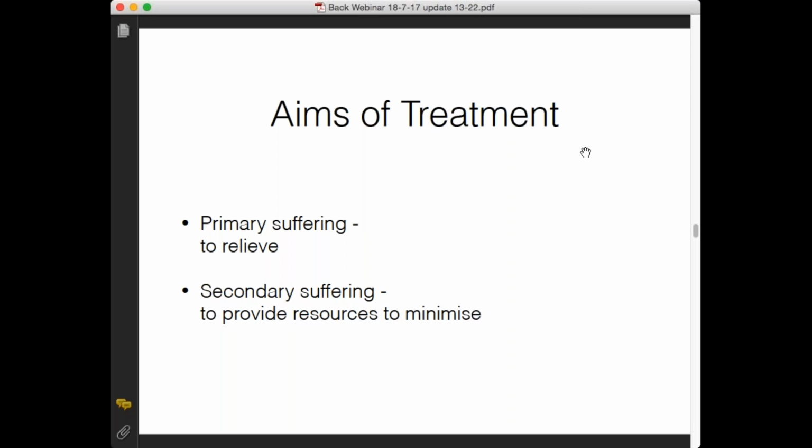Yeah, and actually, if someone comes in with acute back pain, your first aim as a Shiatsu practitioner is to try and relieve that pain. Yes. But over time, especially with a chronic back problem, you're also looking, and Shiatsu has a fantastic role in providing resources to minimize suffering.